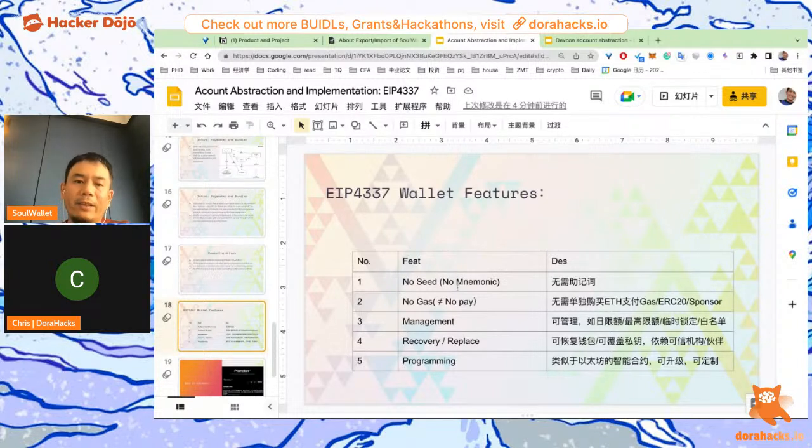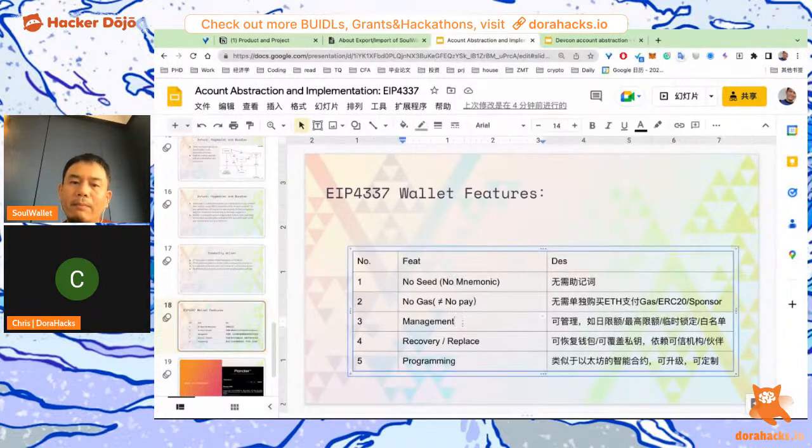Like the game, they need many users and they pay the gas for the users. And we have the management scenario. If you are an enterprise on blockchain, you have many complex scenarios to manage the whole procedure.